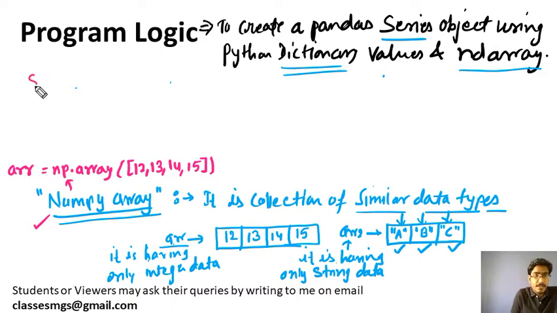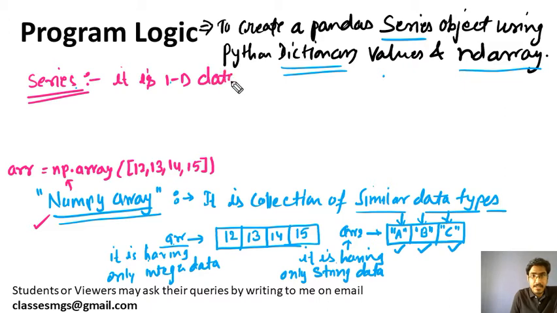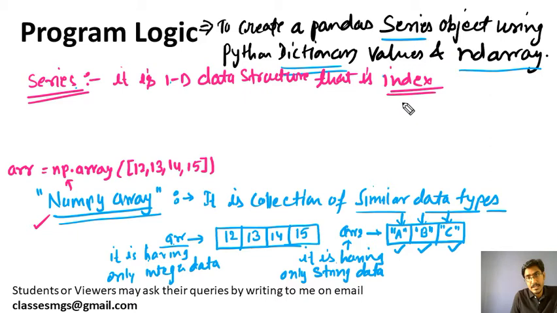Now we can see the series object. You might have heard about it in your class 12 pandas chapter. A series object is a one-dimensional data structure that is indexed. What is the meaning of indexed?